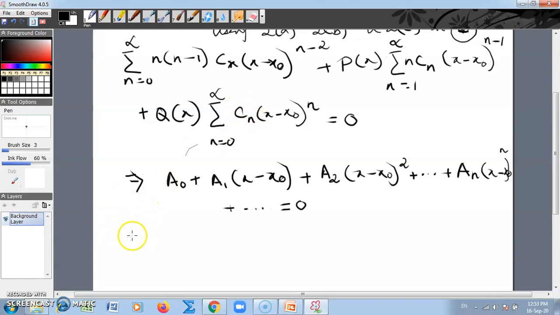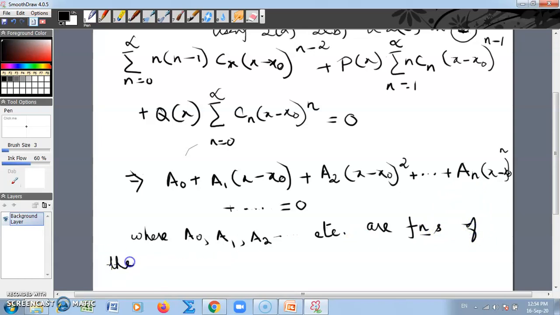So we have to write it here, where a0, a1, a2, etc. are functions of the coefficients C0, C1, C2, etc. That means you may have 2 C1 plus 3 C2, or twice C2 plus twice C3, you may get.